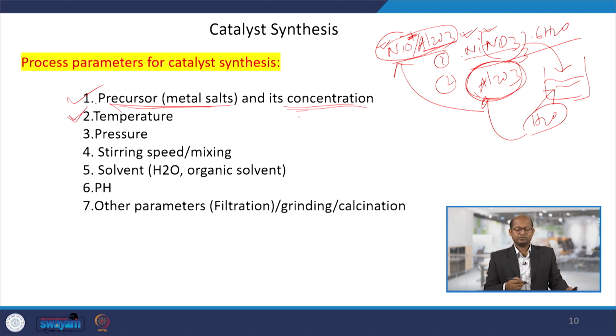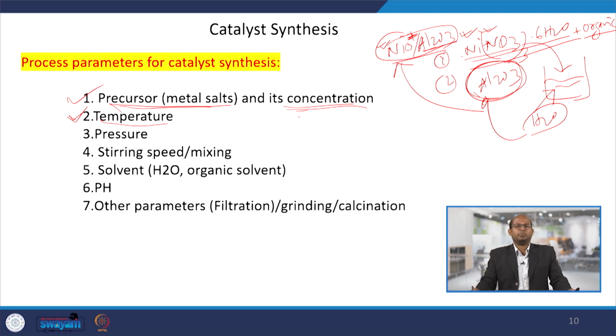Sometimes temperature is also very important. When we are preparing a catalyst, it passes through so many steps, like drying and calcination. Sometimes we need to remove moisture and organic components present in it. Not only these nitrates, but with them some organics, like binders, structure directing agents, or surfactants, we sometimes use to disperse or distribute the metals over the surface of the catalyst.